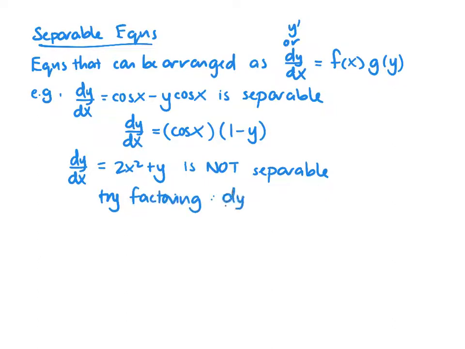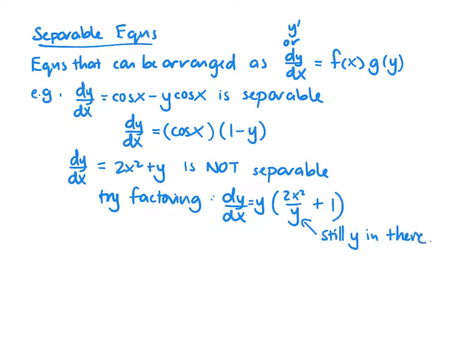I can maybe factor out a y and say, okay, well, factor out y, and then that leaves us with a 2x squared over y. Like, I can't get it out of that term. It does leave us with a plus 1 on the end, but that doesn't really help, so there's still a y in there. Right, so I factored out this y, but then the other part isn't all x's. It has a y sitting in it, so that makes this equation not separable.